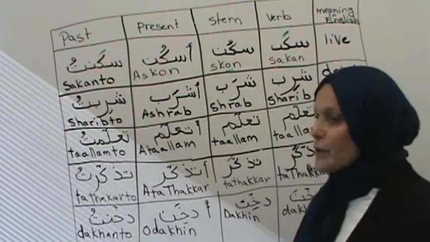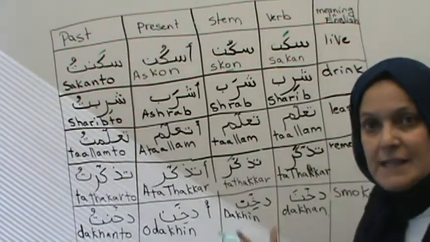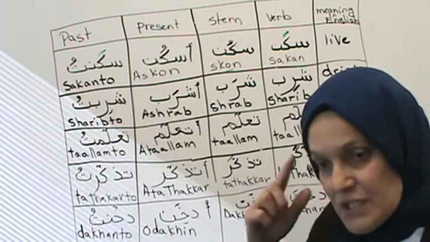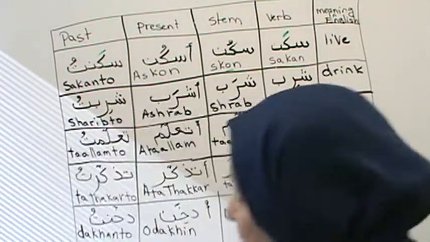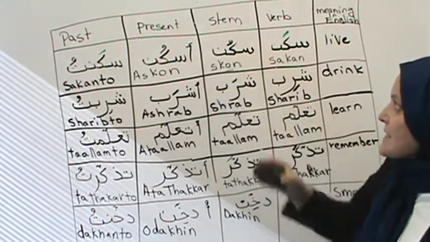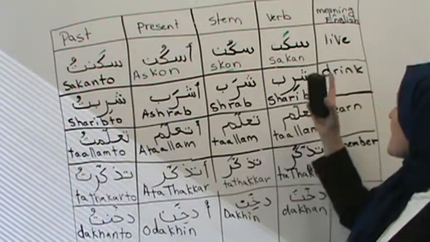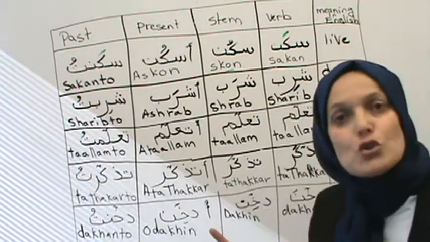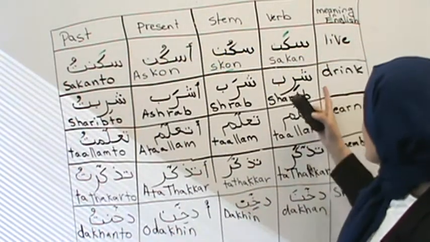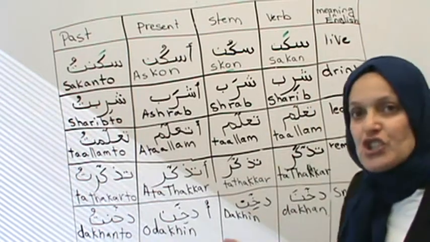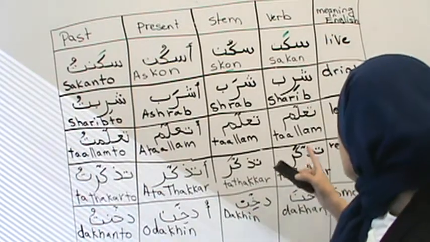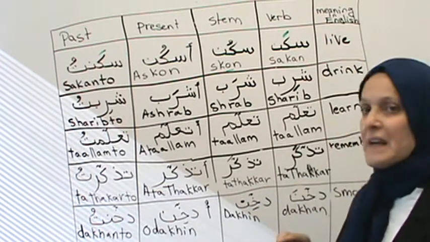So if you want to do this kind of chart, just to remember, you can say, okay, to live has an u sound: second goes to skun. For drink, you go from sharib to shrub. And for the verb to learn, there are no changes.